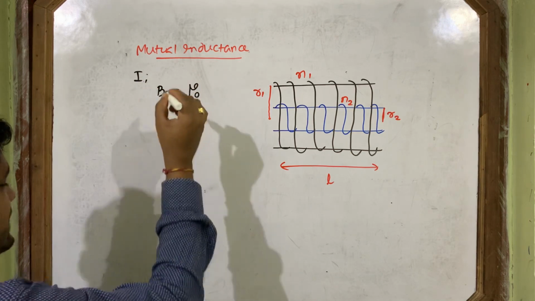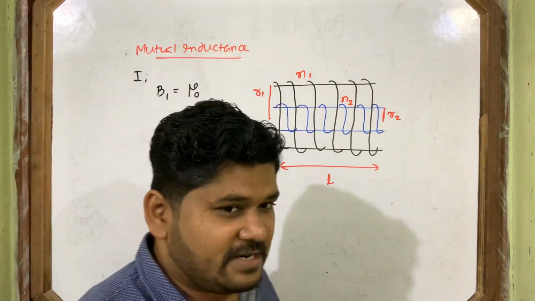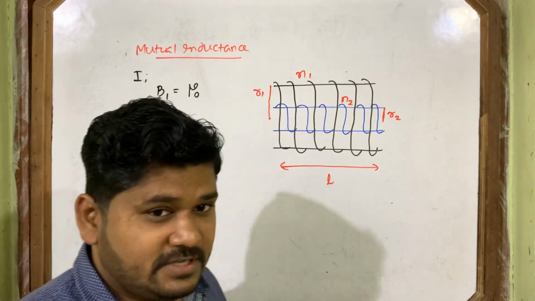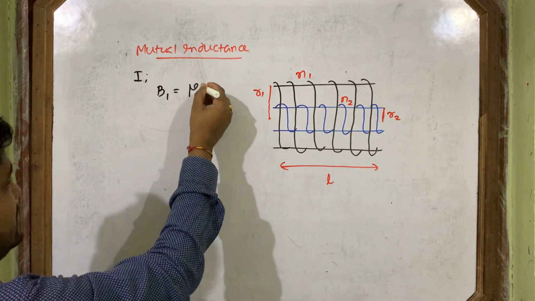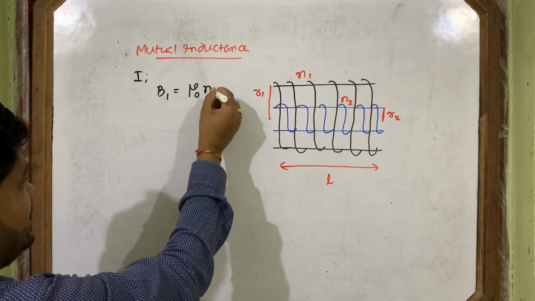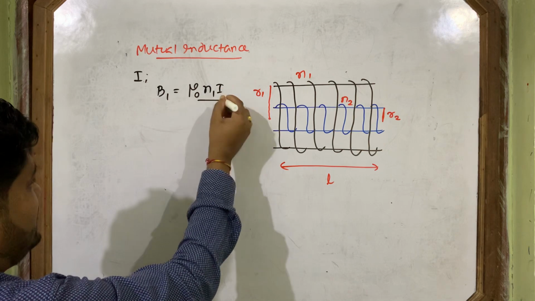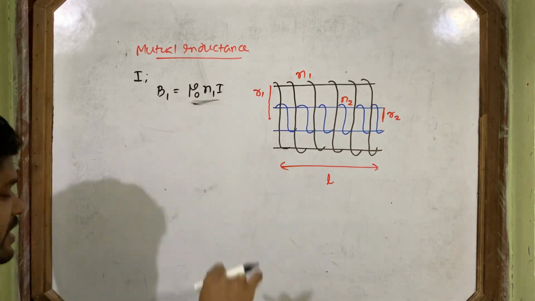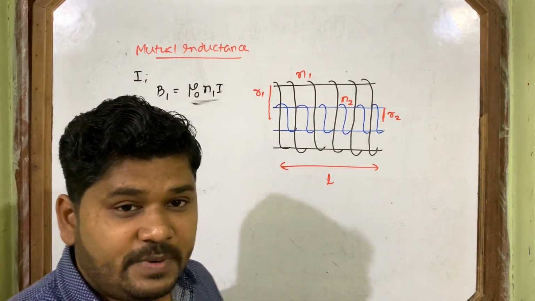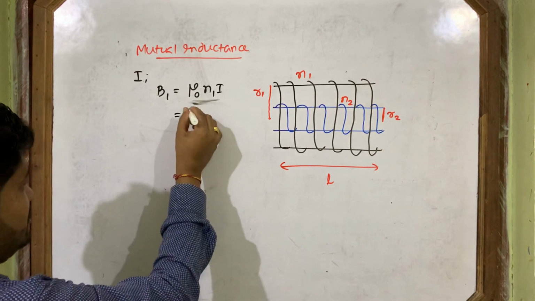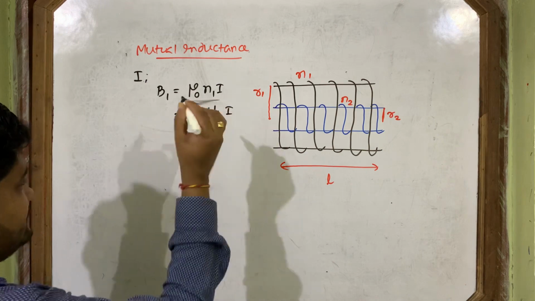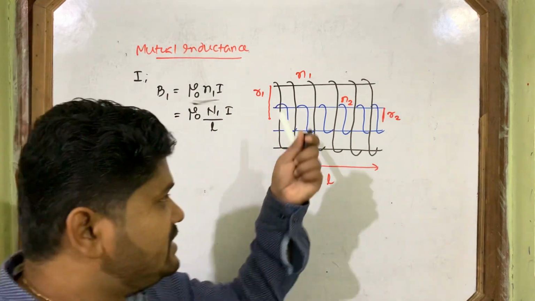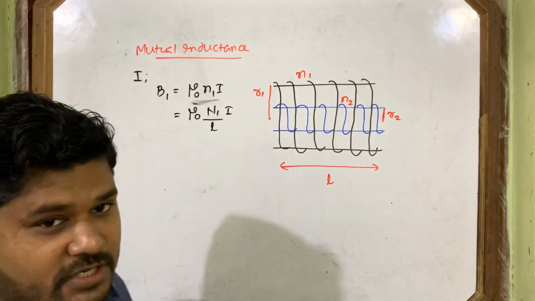The solenoid magnetic field expression we have discussed in the electromagnetism chapter, in the applications of Ampere's circuital law. It is mu naught N1 I. But if you write it for the total number of turns, then mu naught N1 L I. This is the magnetic field due to the outer solenoid.